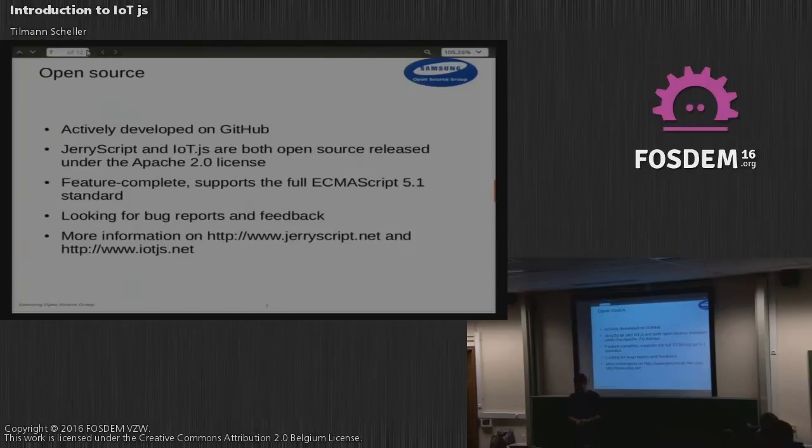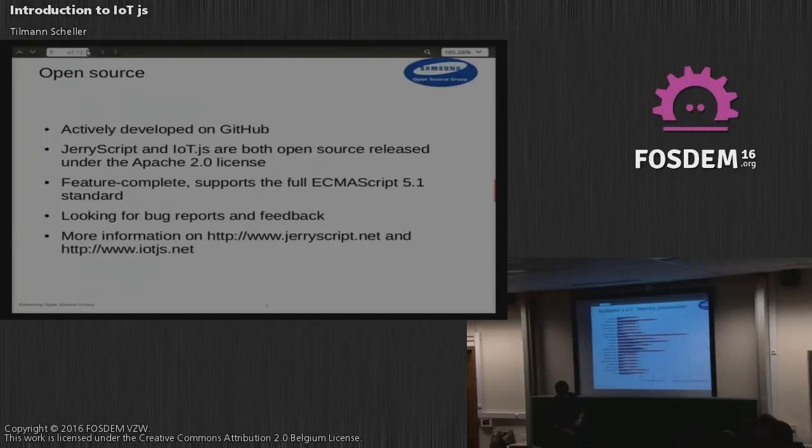And right now we are trying to build up a community around it, get people to use it, report bugs, give us feedback. So that's kind of where we are right now. And if you want to get more information about both projects, please have a look at jerryscript.net or iotjs.net. We have lots more stuff there.